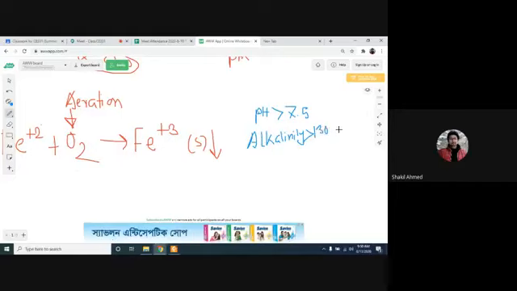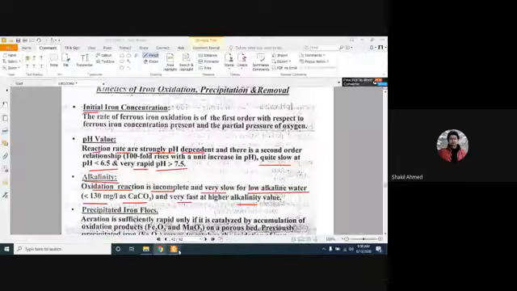We call it even more than that, at least 150 milligram per liter or 200 milligram per liter. Okay, at least greater than 130 milligram per liter. Otherwise, it will be very slow.